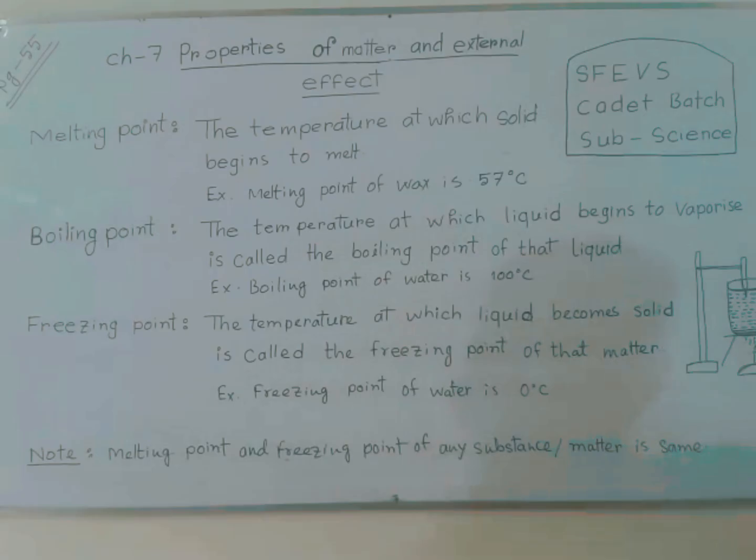So this picture shows that a spirit lamp is providing heat to a beaker, and here the liquid is becoming heated. It is becoming boiled. Okay, and this is a thermometer. It is showing the reading of the temperature. Okay, so it is a stand.